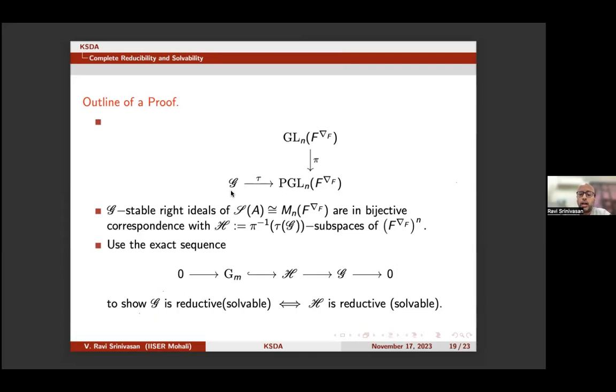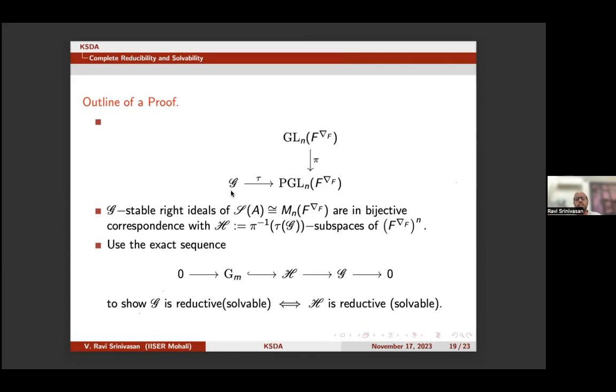And you also have this group H, which is the pullback of the image. That will act as automorphisms of the vector space of constants, the n copies of that. That is the usual matrix multiplication.